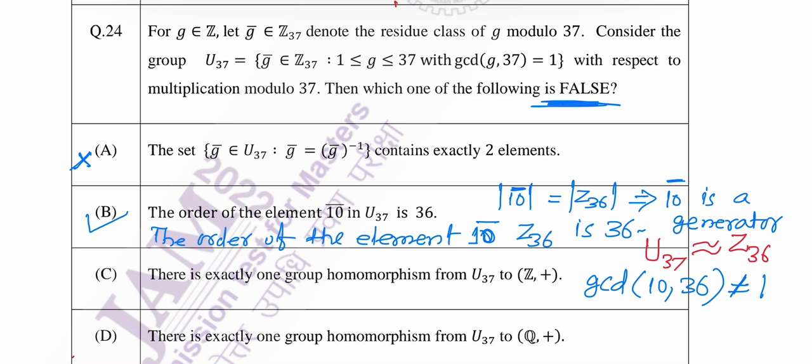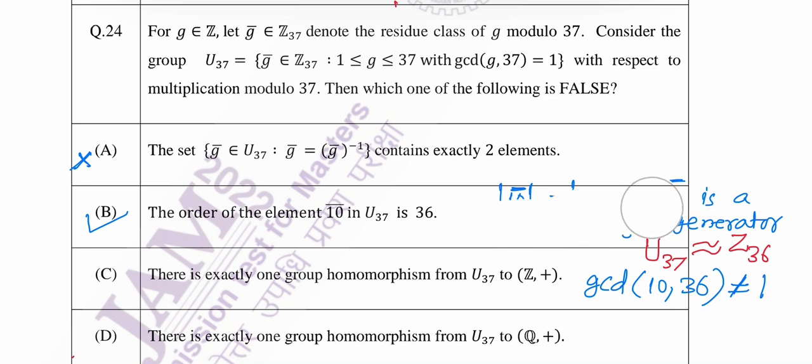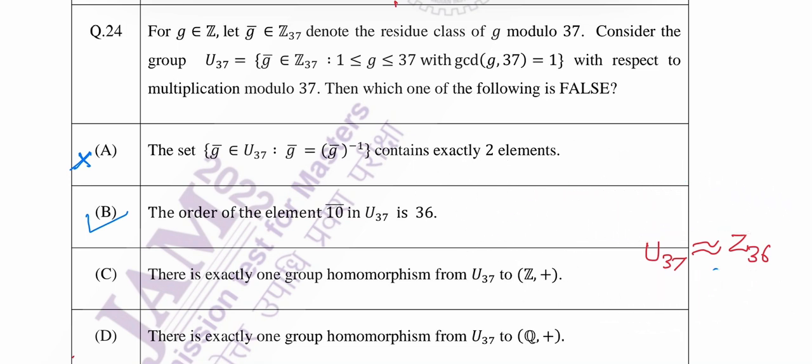But here we are not in the examination. We are here to learn something, so we should go for C and D, and check why those two options are also correct options. So I again erase the remaining parts except the relation.